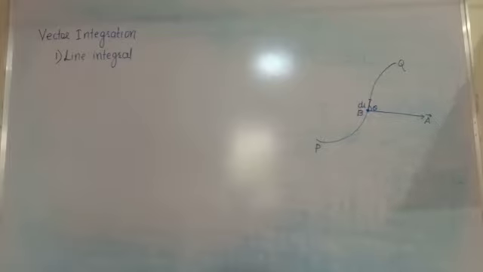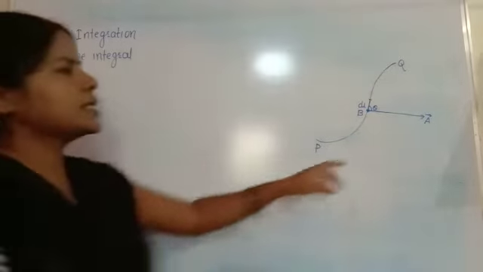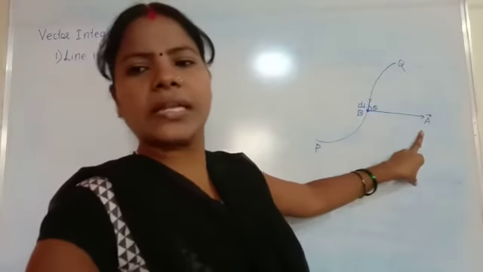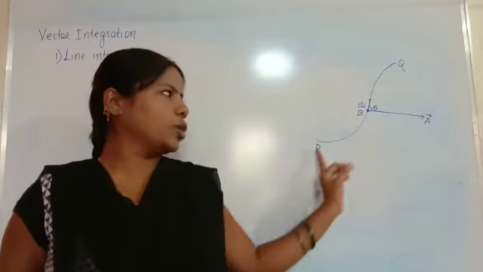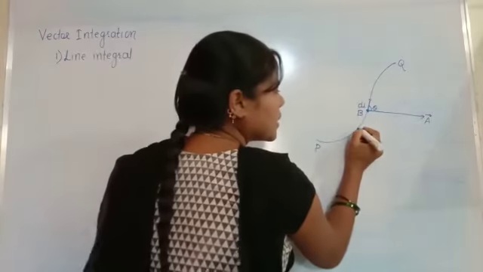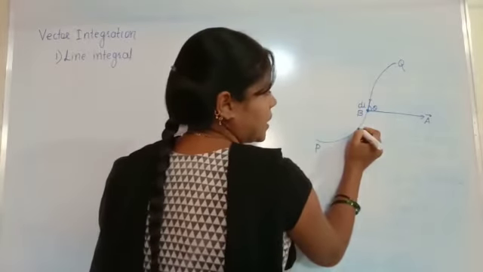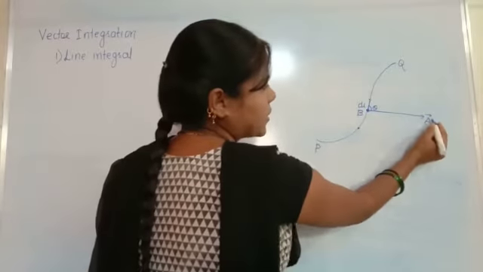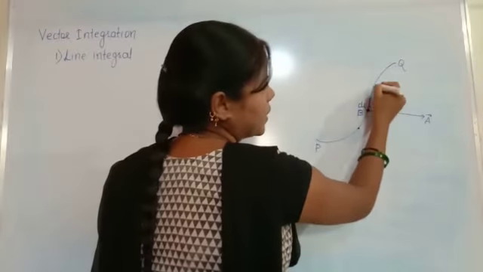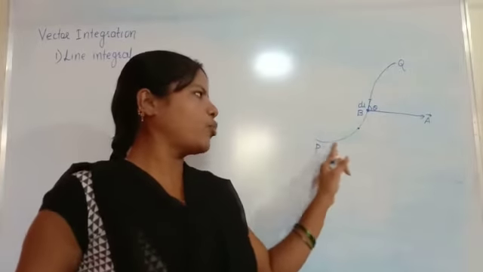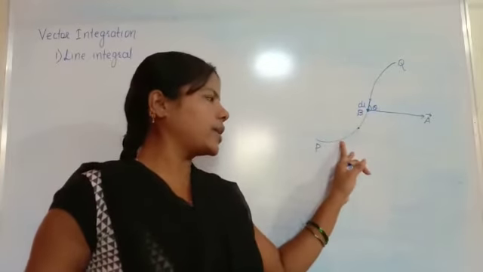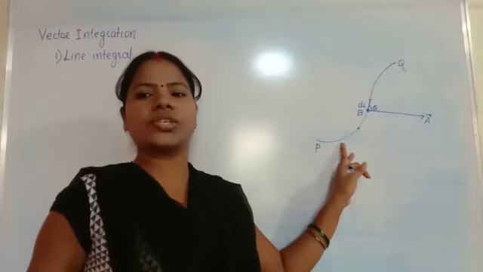A varies in magnitude and direction from point to point along the curve PQ. It means that at each point we take, there is a different value of A; the value changes and the direction changes.